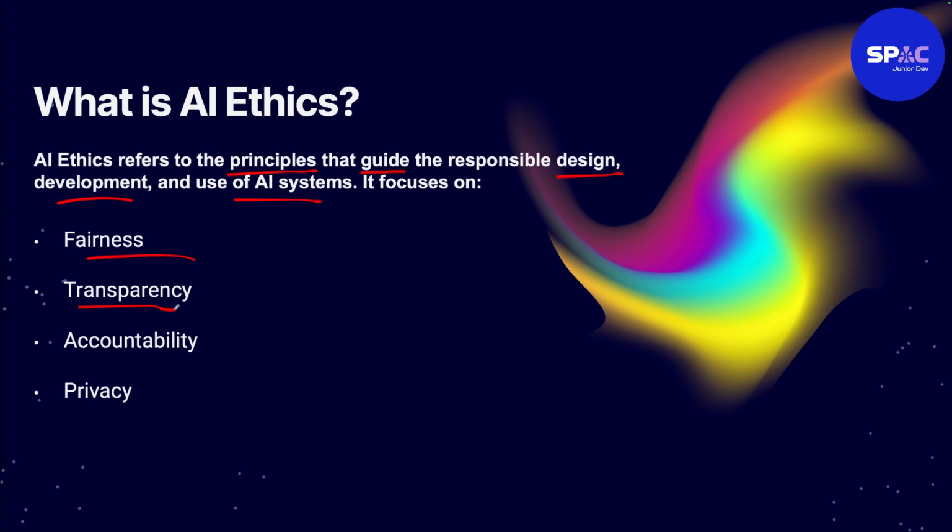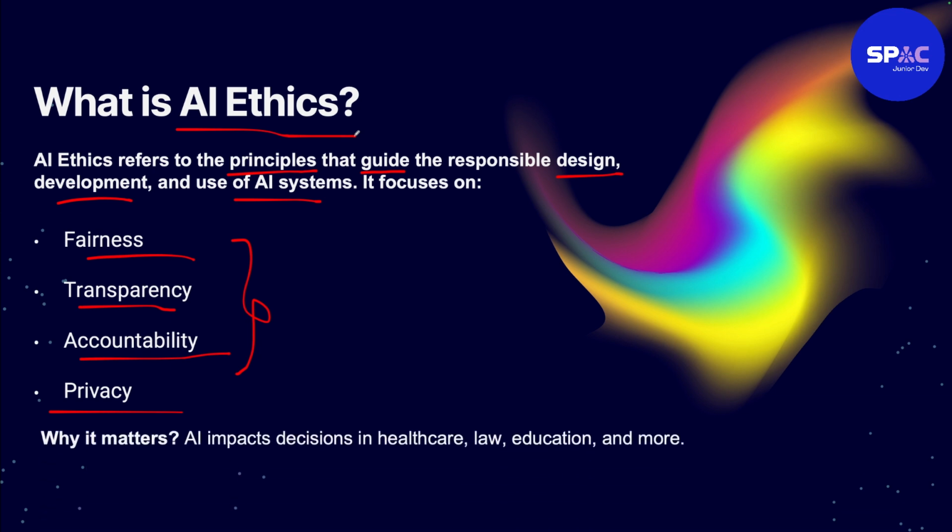So if you are using generative AI in any application, tell people how this application is making decisions. Accountability: when something goes wrong, you as the developer have to be accountable for whatsoever happens. Then privacy, we're going to talk about all of this. So these are all the things that AI ethics is focused on.